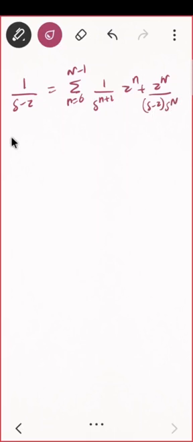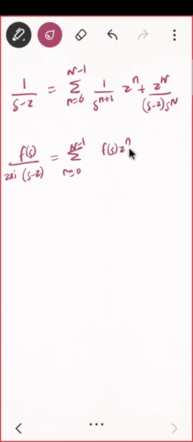So I want to multiply by f of s upon 2 pi I, so it will be f of s upon 2 pi I into s minus z. Here also summation n equal to 0 to n minus 1 f of s z raised to n upon 2 pi I s raised to n plus 1, and plus here, sorry, there is no summation here.